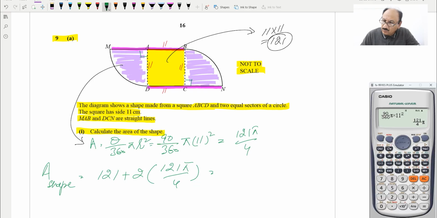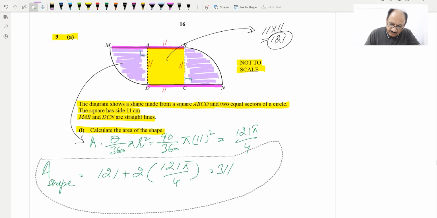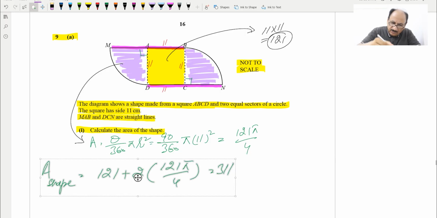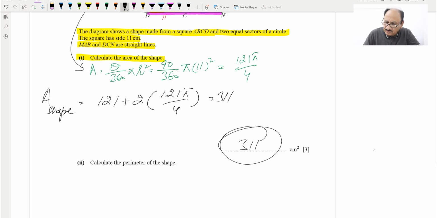We multiply by 2, plus 121, and this will give us 311.06, so we can write 311. This will be our answer. We need to check how many marks: this will be 3 marks, yes. So 311 centimeters squared for 3 marks.